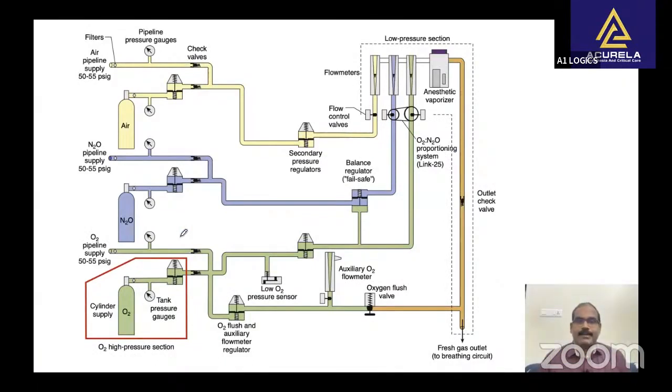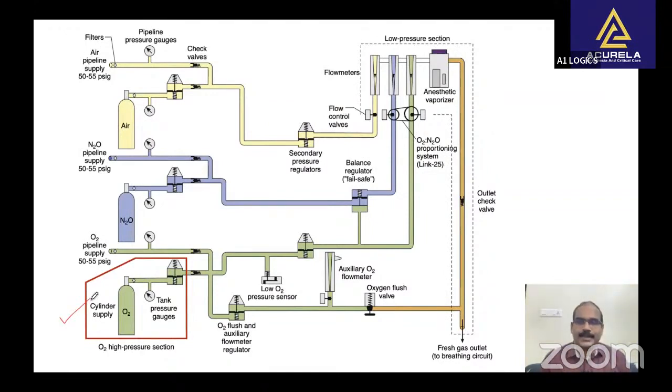This diagram depicts GE Healthcare Aspire Anaesthesia Workstation gas supply system. The high pressure system extends from the gas cylinders to the high pressure regulators. Red lines around oxygen high pressure section is shown there.